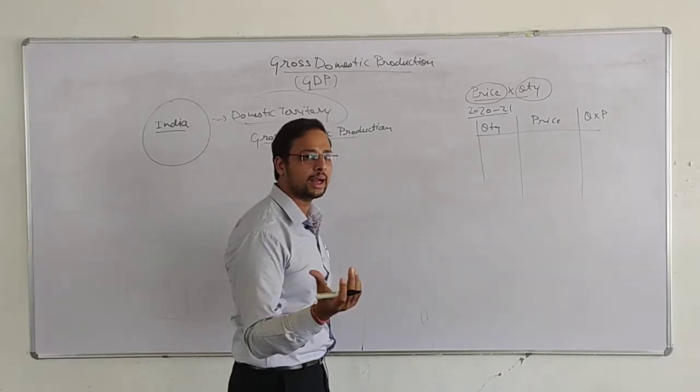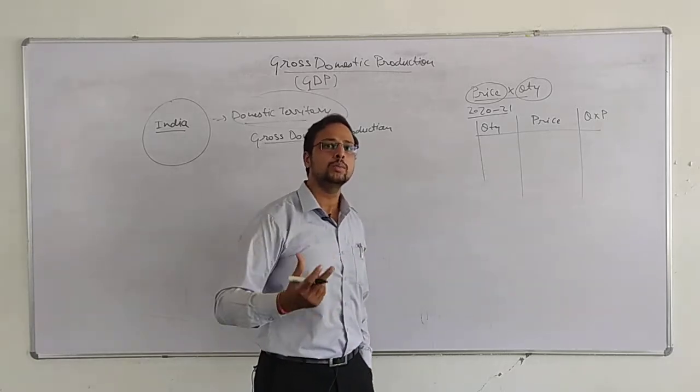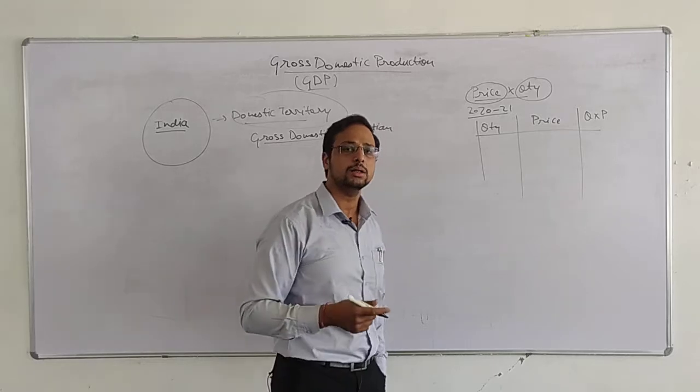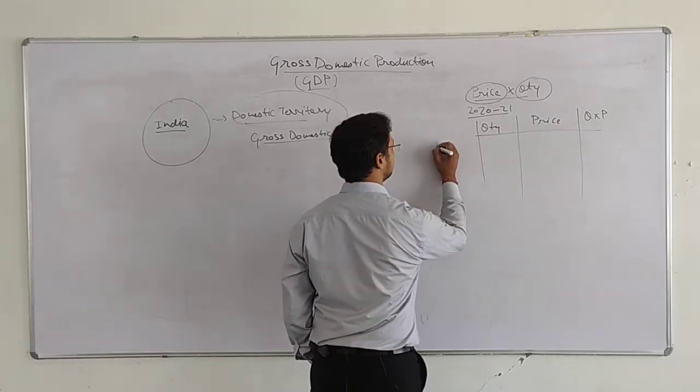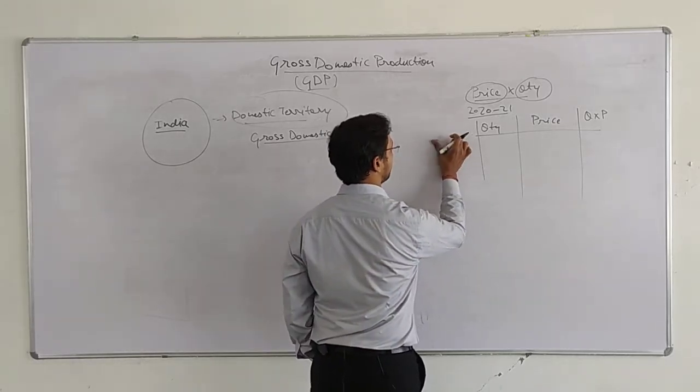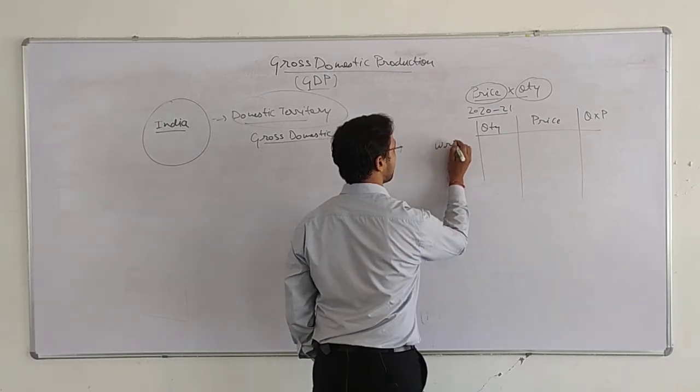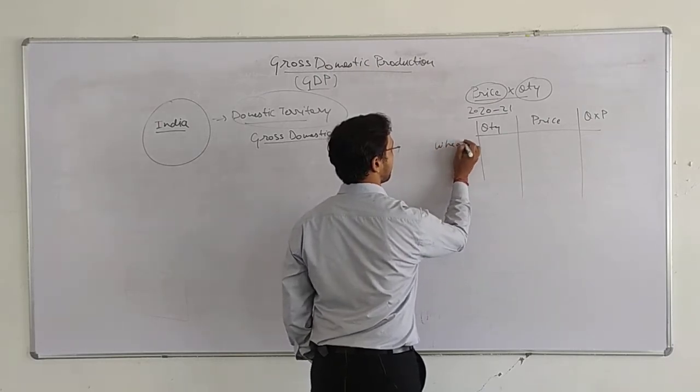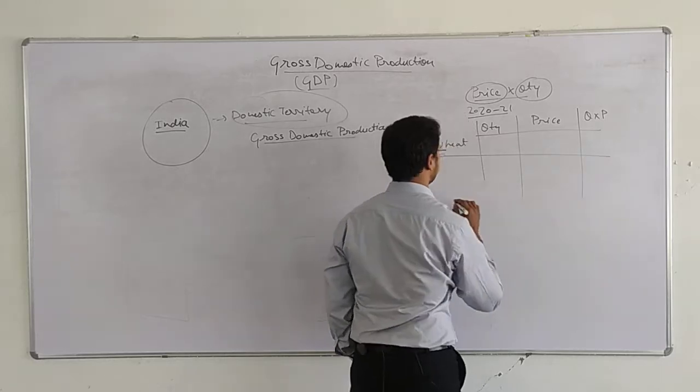I am considering that in an economy only 2 commodities are produced: one is wheat and the other is rice.